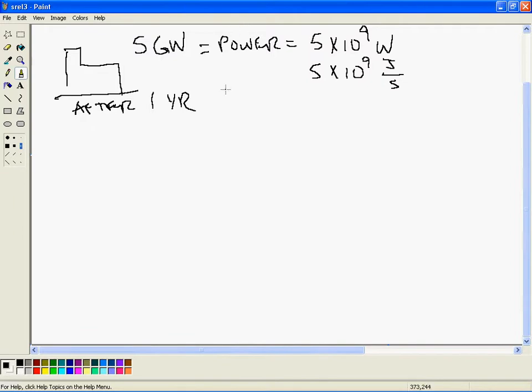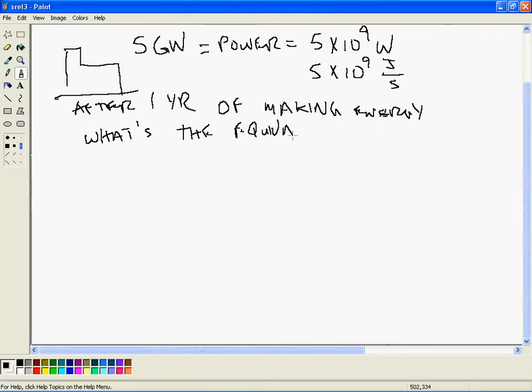So, after 1 year of making energy, what would the equivalent amount of mass be? What's the equivalent mass equal to? So that's the question.